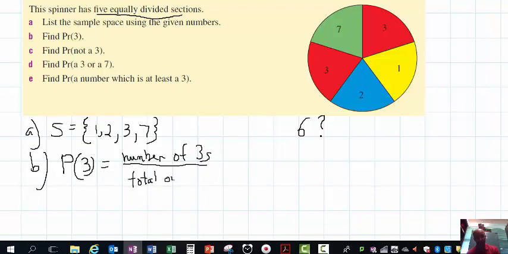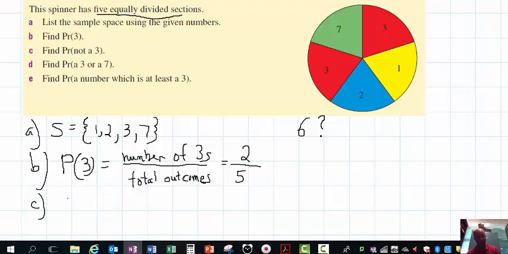So that's your rule, and that's a bit like the rule we saw just before. I've just reworded it a bit to be shorter. How many 3s are there? Well, there's 2. And this is all equally likely, so we can use this rule. How many total outcomes are there on that spinner? Well, we've got 1, 2, 3, 4, 5. So it's 2 out of 5, or 2/5. You don't have to write it as a decimal if you don't want to. You can leave it as a fraction.